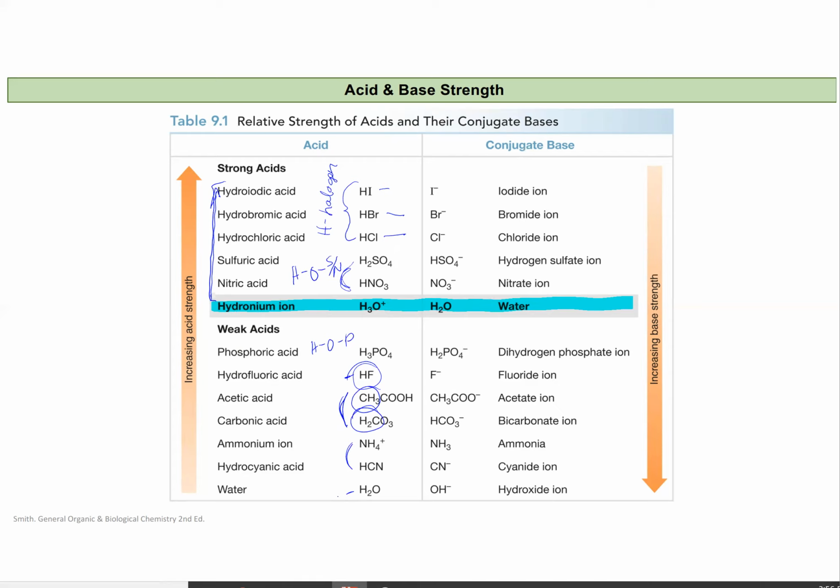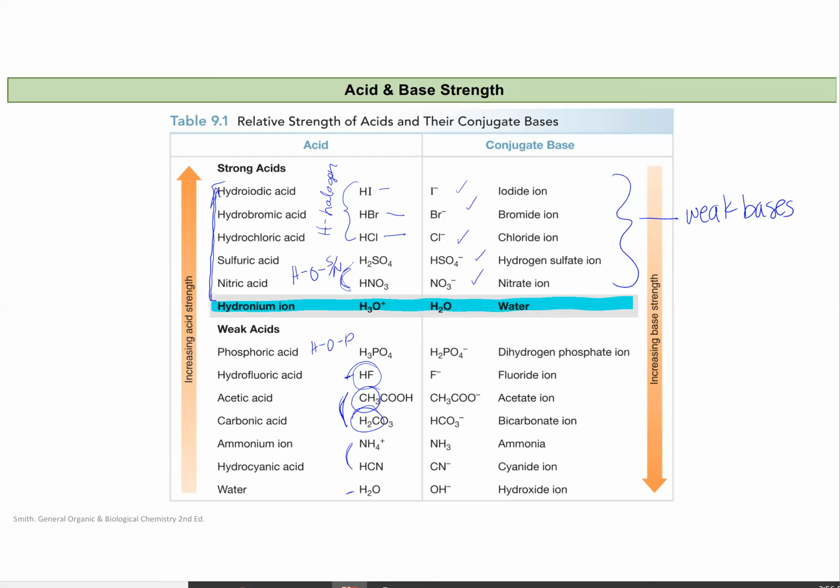And then ammonium and hydrocyanide and water at the bottom. On the base side, the conjugate bases of strong acids will be very weak bases because they're very unlikely to form the acid, since it's so strong. These are the ions iodide, bromide, chloride, sulfate or hydrogen sulfate, and nitrate.